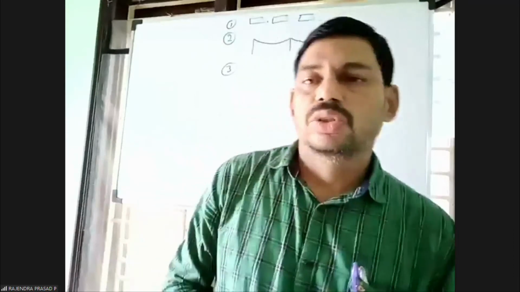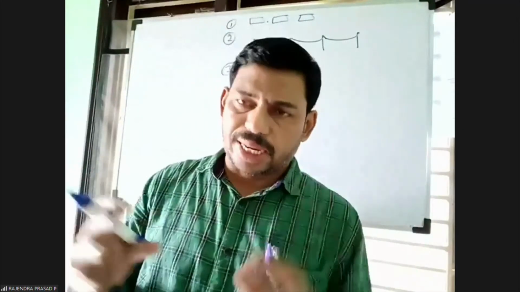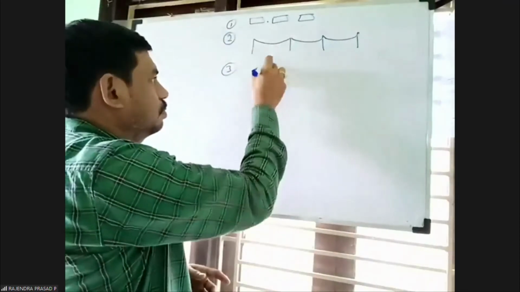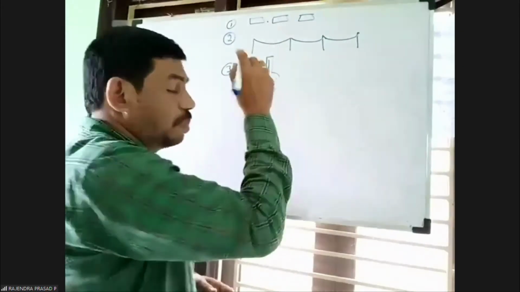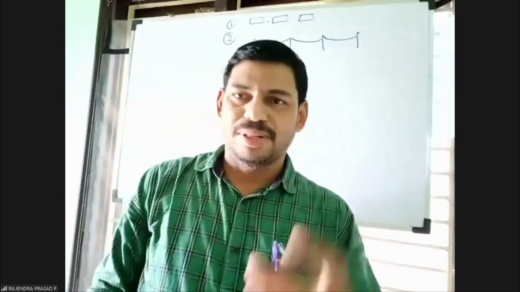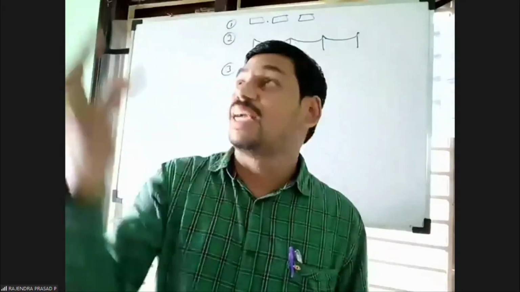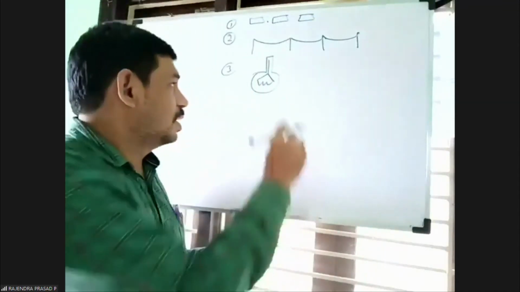Third one, for example, an electrical bulb. This is a bulb, and this is a filament, a tungsten filament, in old red bulbs.